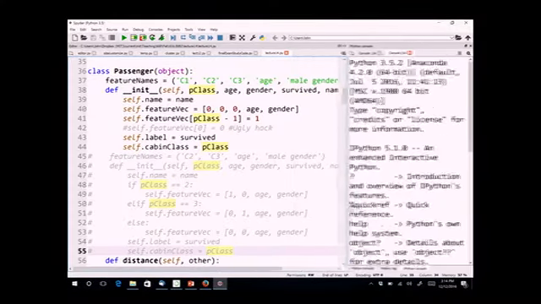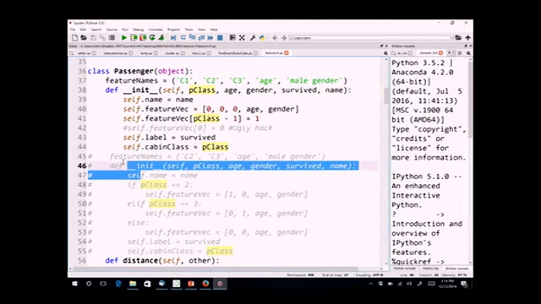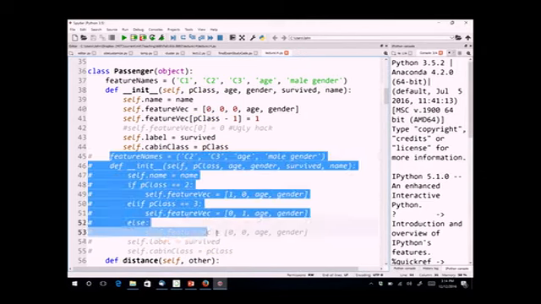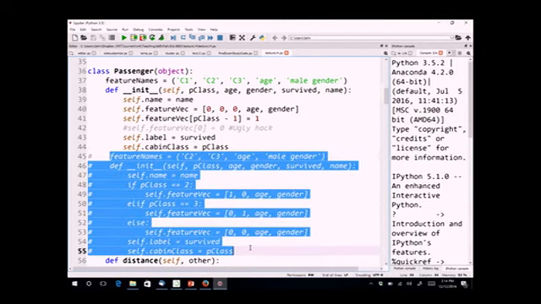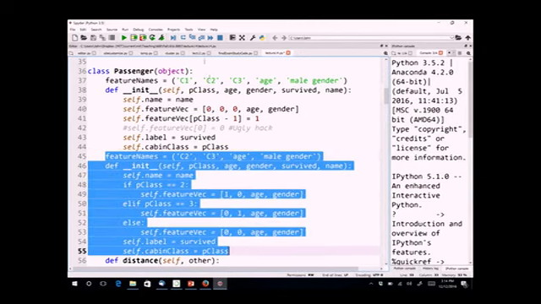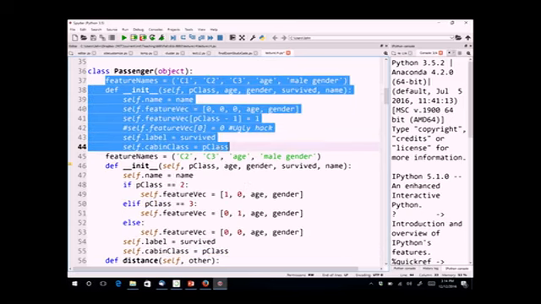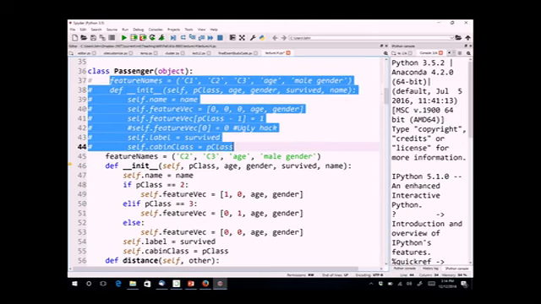So there was the original one, and I'm going to replace that by this. Comment out the original one. So what you see is that instead of having 5 features, I now have 4.